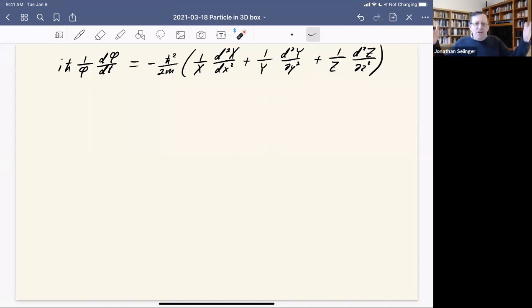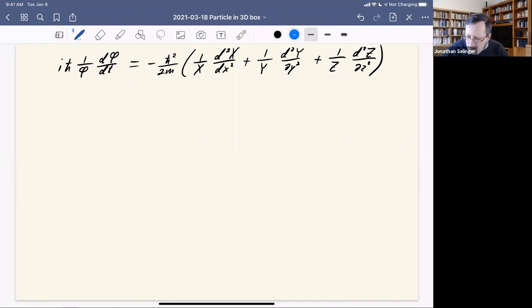So how is that possible? How can something that doesn't depend on X, Y, Z equal something that doesn't depend on Y, Z, and time, et cetera? The only way that can possibly be true is if each of the terms here is a constant, which doesn't depend on any of these things.